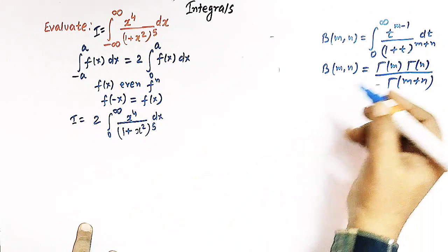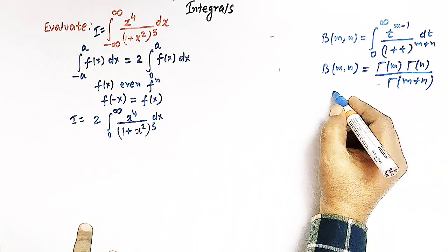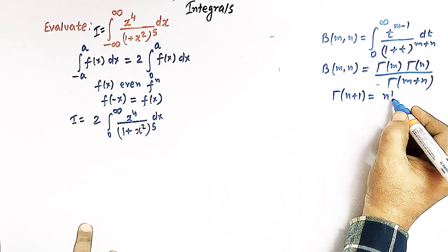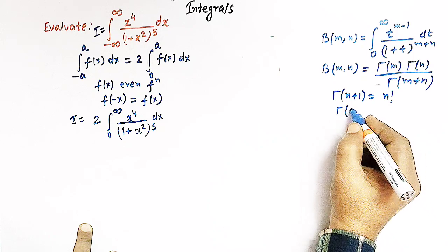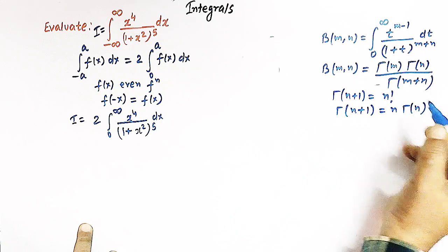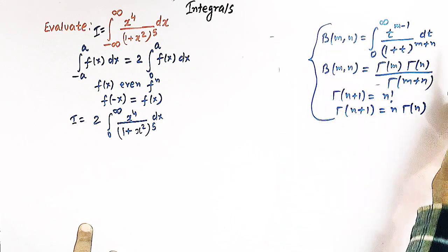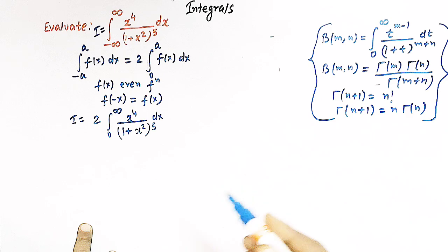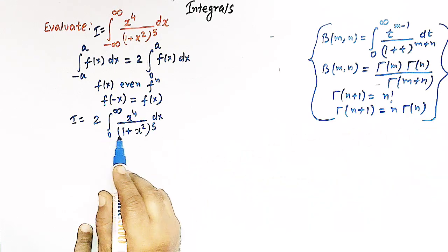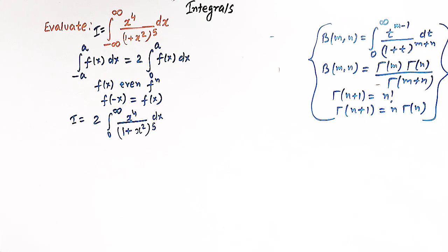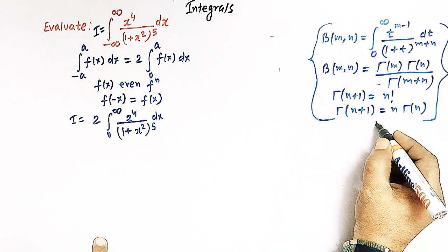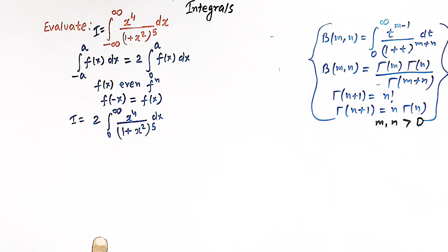We'll also make use of the results gamma n plus 1 is equal to n factorial, and gamma n plus 1 is equal to n gamma n. These are important results from the theory of beta and gamma functions which are going to be used to solve this integral, and here m and n are greater than 0.